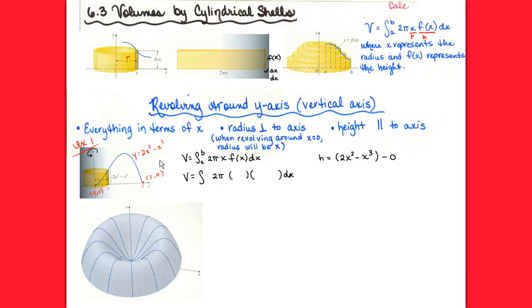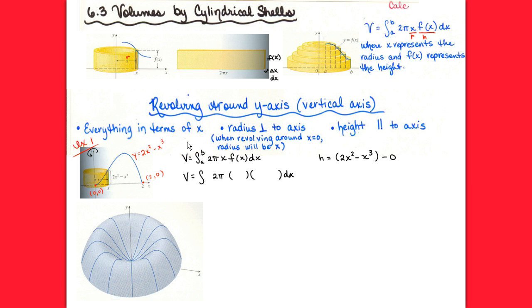It would be so nice if I was in control. If whatever equation they gave me, I had the ability to look at it and go, you know, I'd rather leave that as it is in terms of x instead of having to solve it for x and put it in terms of y. So that's what method 6.3 is going to give me the ability to do, because you'll notice that by the method of section 6.3, if I'm revolving around the y-axis or a vertical axis, instead of everything being in terms of y, everything is going to be in terms of x.